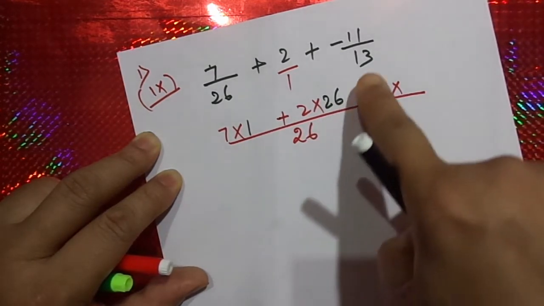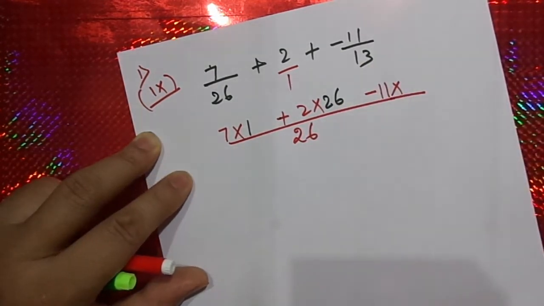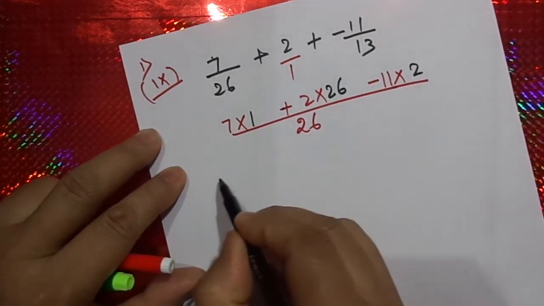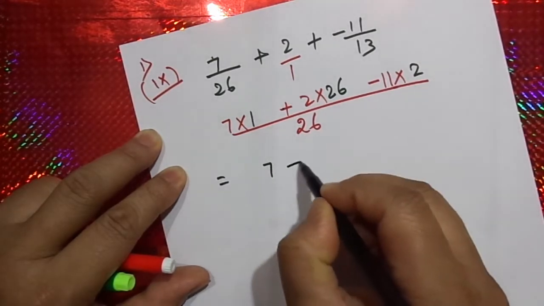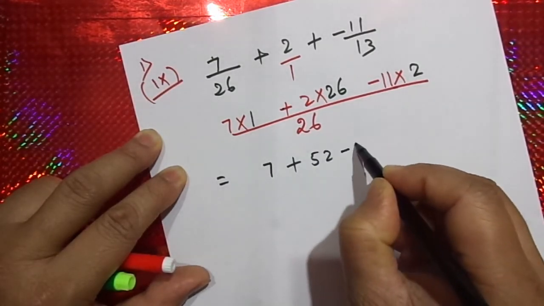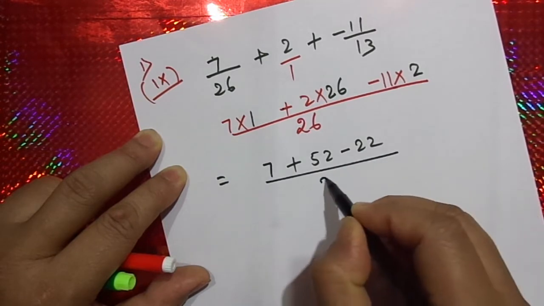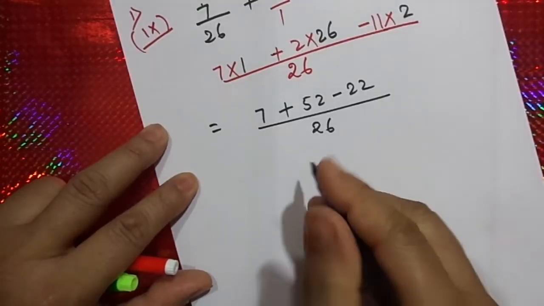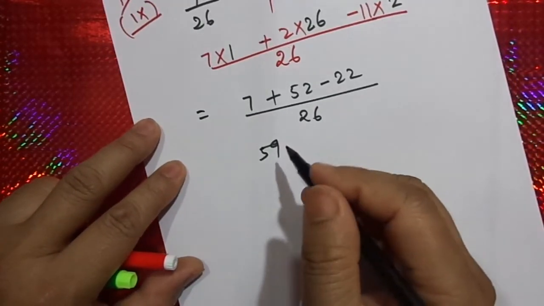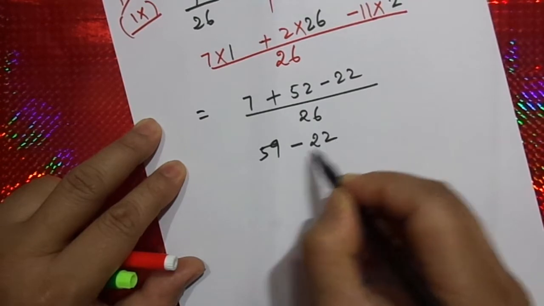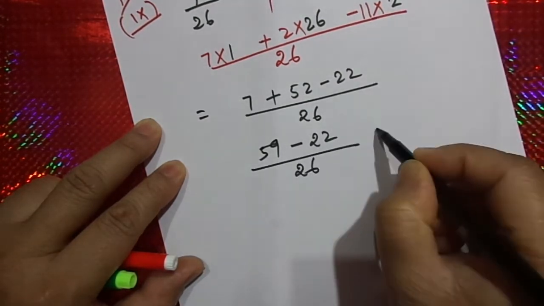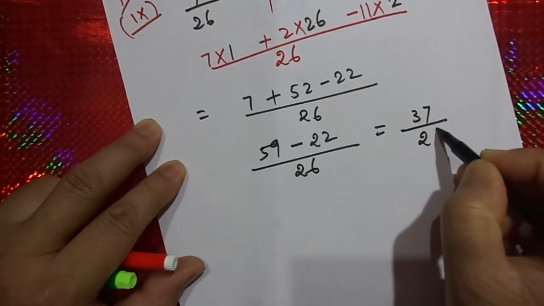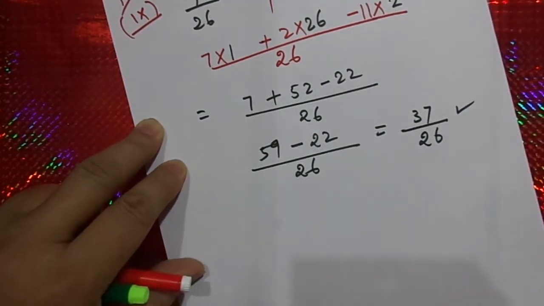Similarly, 26 divided by 13 is equal to 2, therefore the numerator is multiplied by 2. So what you get is 7 plus 52 minus 22 by 26. We will add both of them and subtract. So we have 59 minus 22 by 26, which is equal to 37 by 26, your solution.